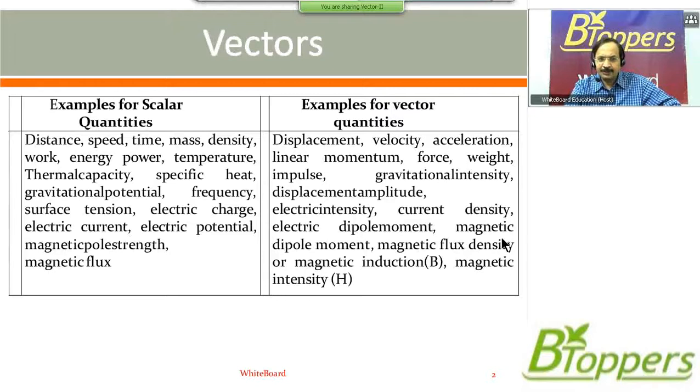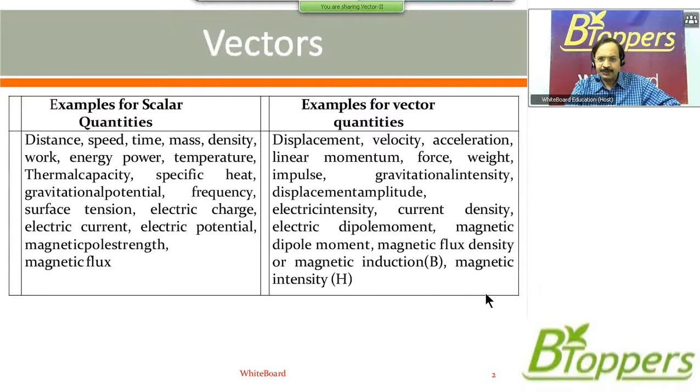Electric current is a scalar, but there is one term called current density. That is vector quantity. Electric dipole moment is a vector quantity. Magnetic dipole moment is a vector quantity. Magnetic flux density, which is sometimes also called magnetic induction, is a vector quantity.